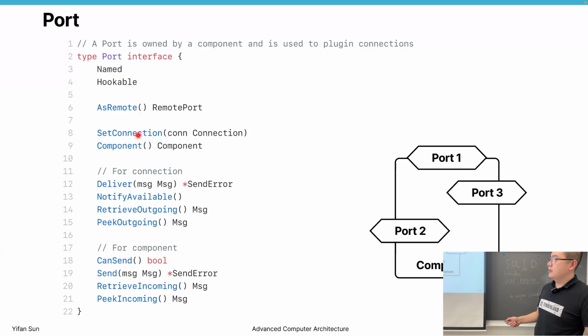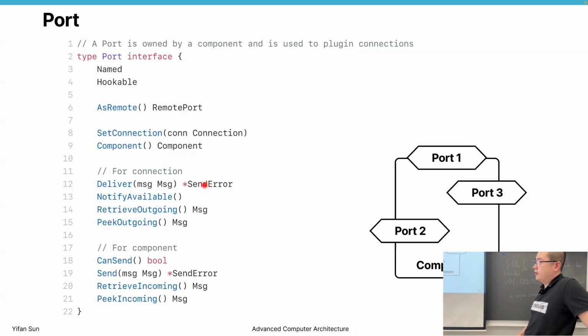Then there are setters and getters. SetConnection: what's the connection that is attached to a port? Connections are outside the component and connect two ports together. Then SetComponent and Component: that is the owning component of this port.